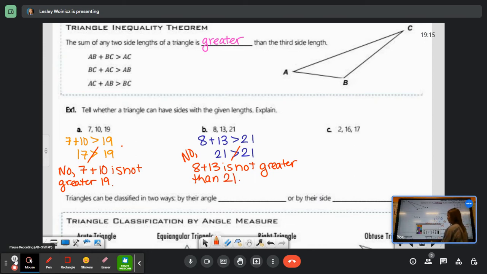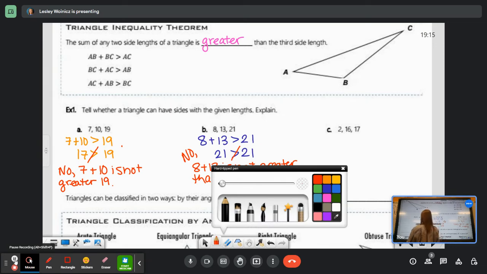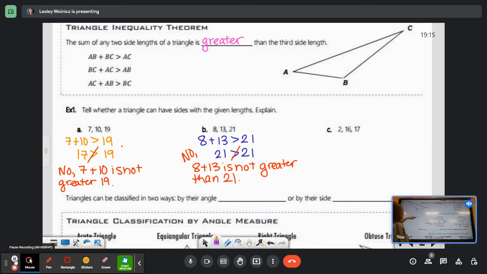Okay, last but not least, we've got this goofy little triangle. So we have to test until we get a fail, and if it doesn't fail, then we know it works. So is 2 plus 16 greater than 17? Well, yeah. 18 is greater than 17. Yes.